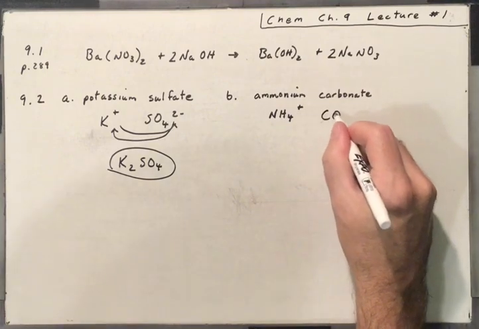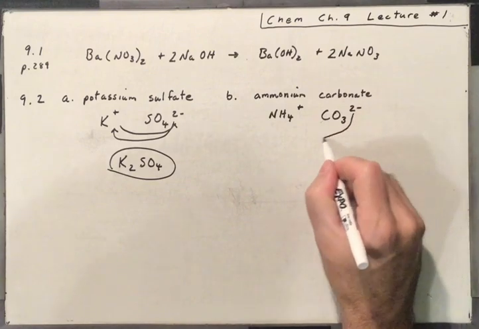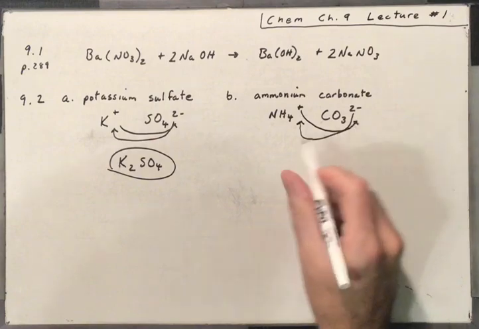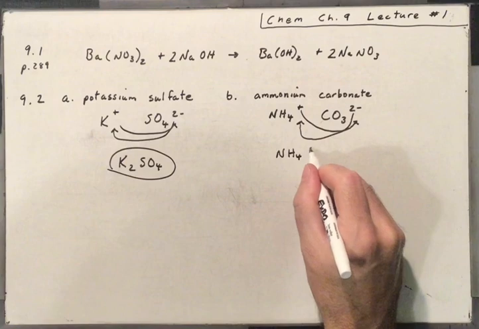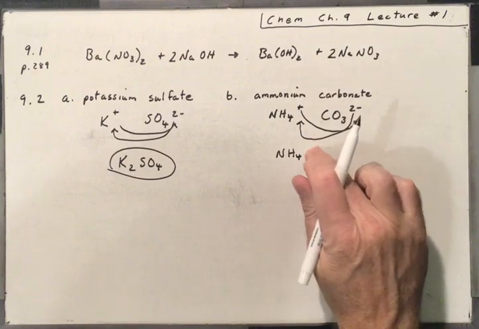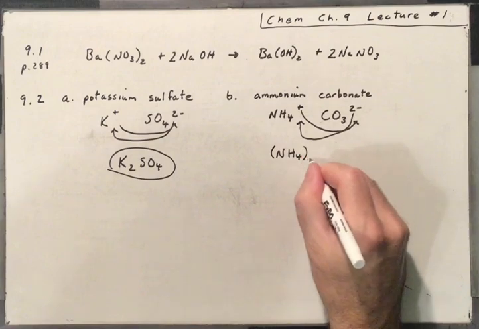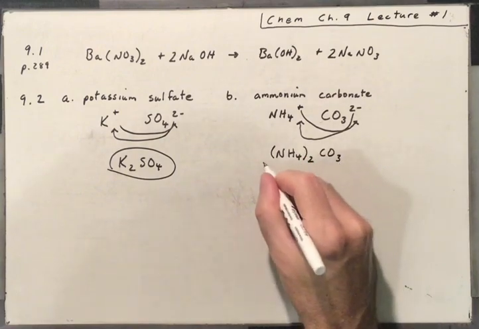Carbonate, we've already looked at that, CO3 2-. So let's bring that 2 over here. We'll bring that 1 over here. And I would have NH4, 2, CO. Well, excuse me, I forgot the 2. NH4, and since it has more than 1, we need the parentheses, 2, CO3.